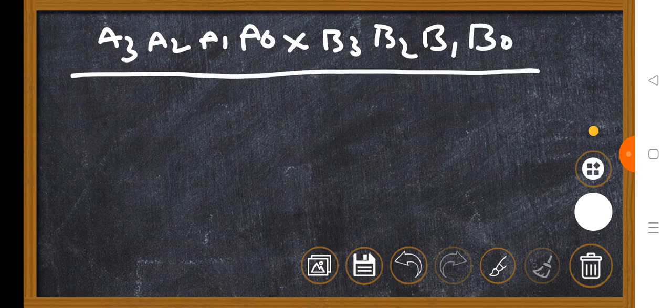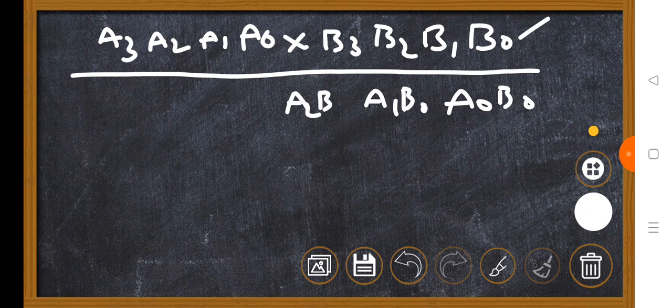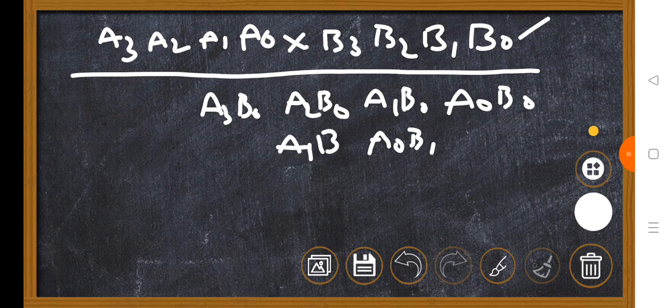Now I am going to multiply. Observe very carefully. A0 into B0, first I am considering this. A1 into B0. A2 into B0. A3 into B0. After that, A0 into B1, A1 into B1, A2 into B1, A3 into B1.